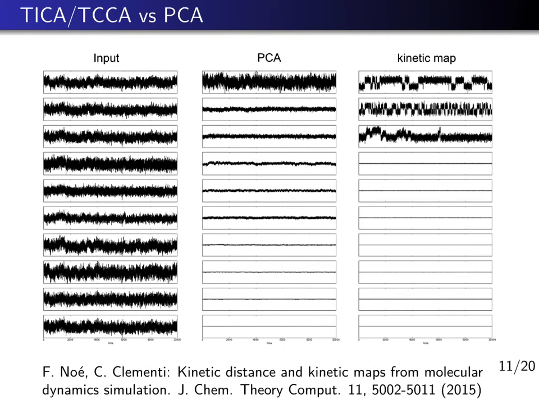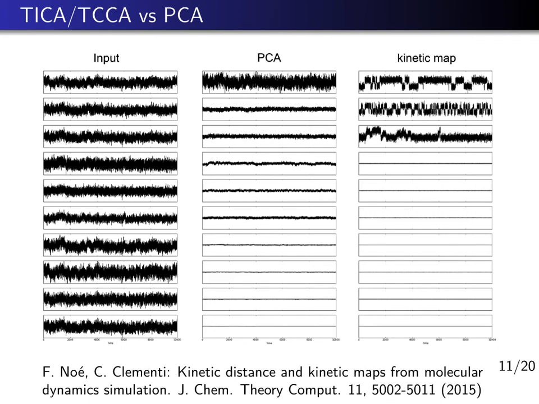So here slow means large eigenvalue, as in PCA, where the eigenvalues correspond to the variance. Here the eigenvalues in the TICA method have something to do with slowness. The larger the eigenvalues are, the slower is the corresponding process.